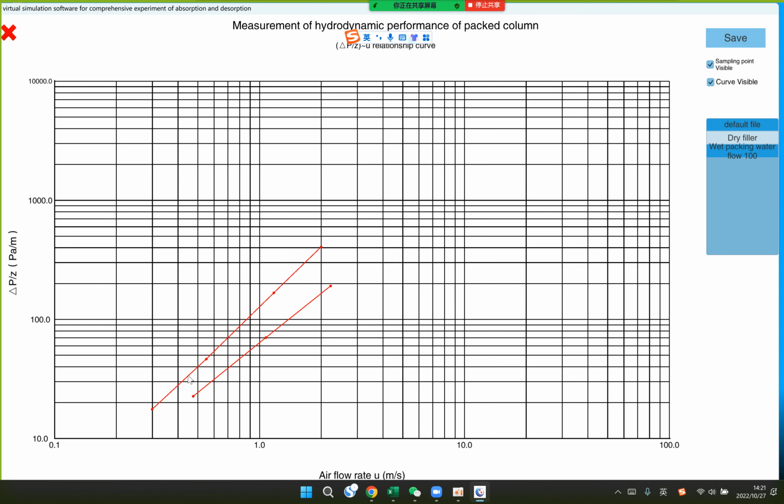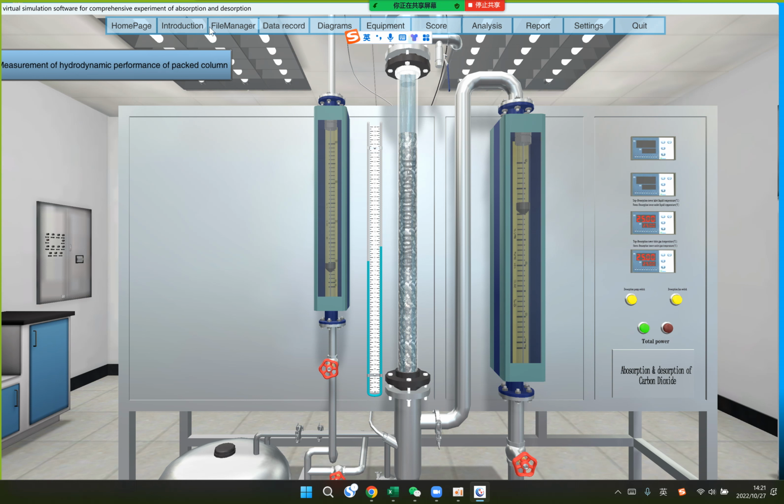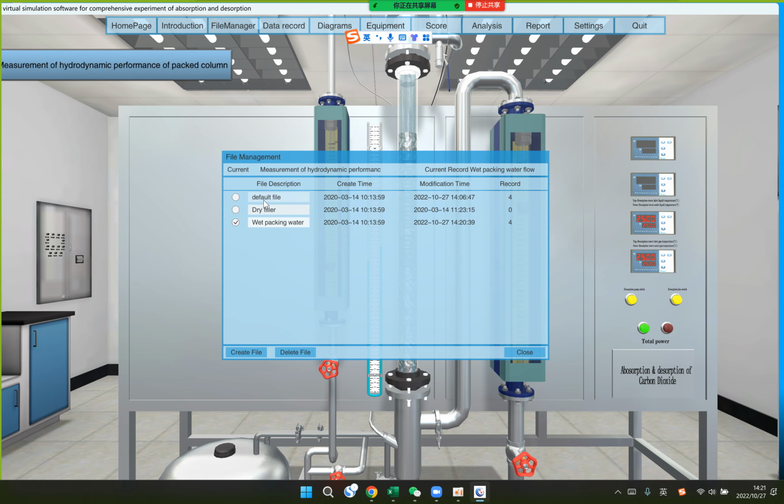So you may choose the appropriate file. By default I choose the default file, because in the file management part I didn't save the data for the dry filter. I only saved the data for the default file filter. I think it's wrong, maybe it's wrong.